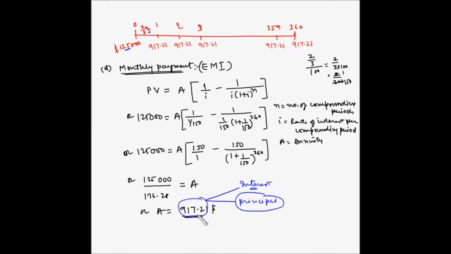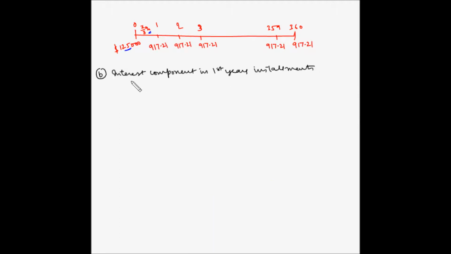So let's try to find that. So basically, to find out the interest component in the first year's installments, we'll have to calculate the interest component in each of the month's installment.